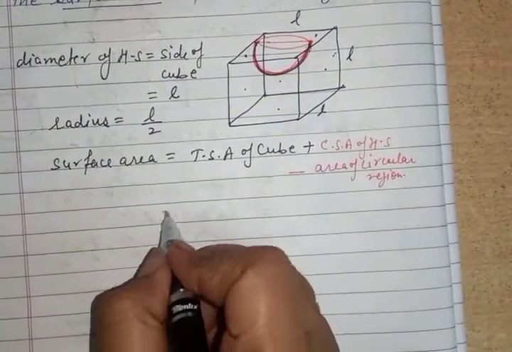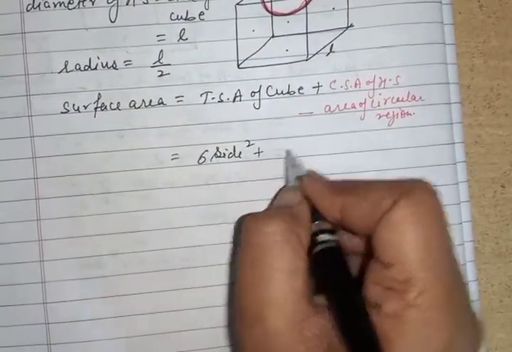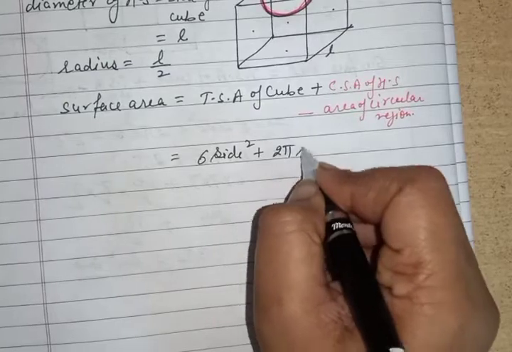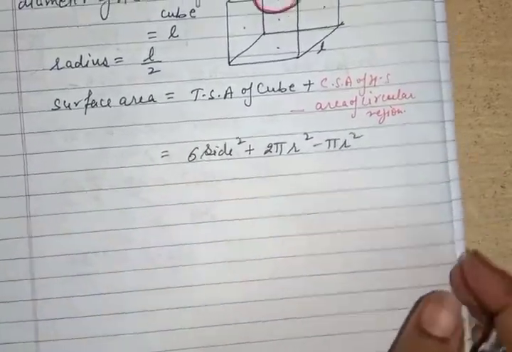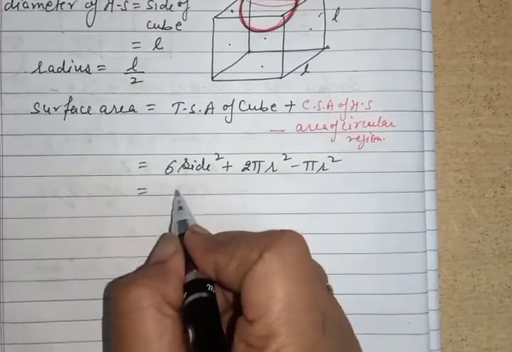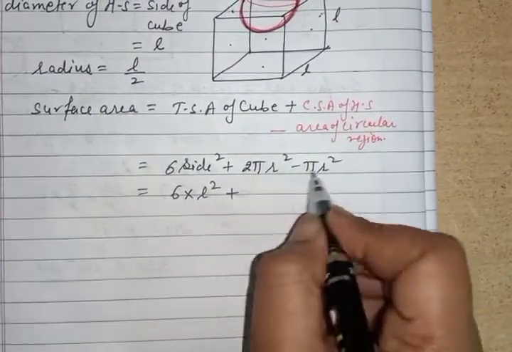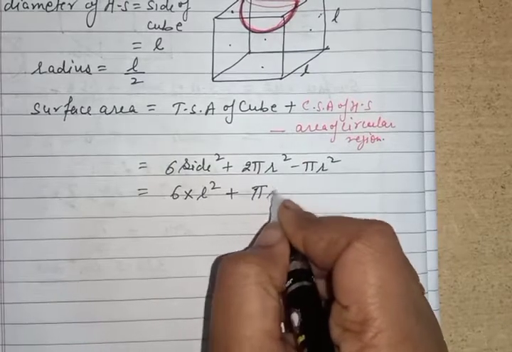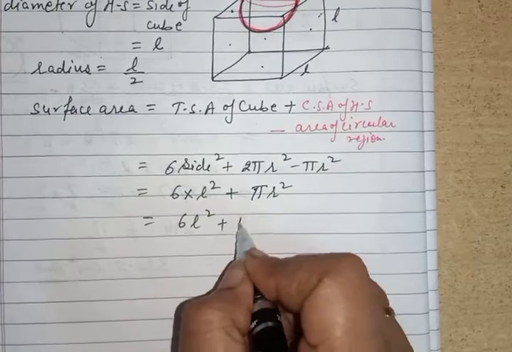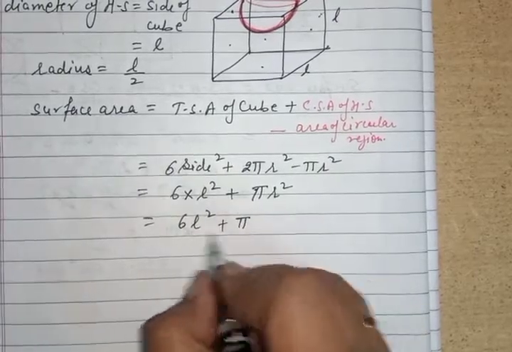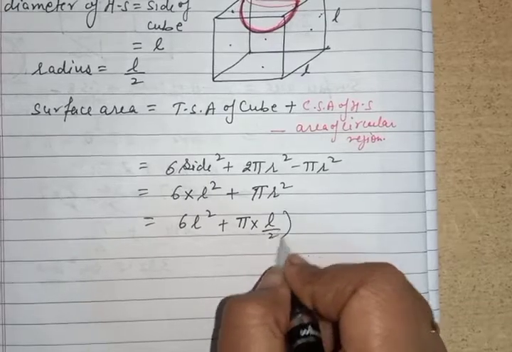So total surface area here is 6 side square plus 2 pi r square minus pi r square, the same formula as we applied in the previous question. So this is equal to 6 into L square plus 2 pi r square minus pi r square, which is 1 pi r square. So 6 L square plus pi as it is you can keep, because variables are there in this question, and r is L by 2 square.